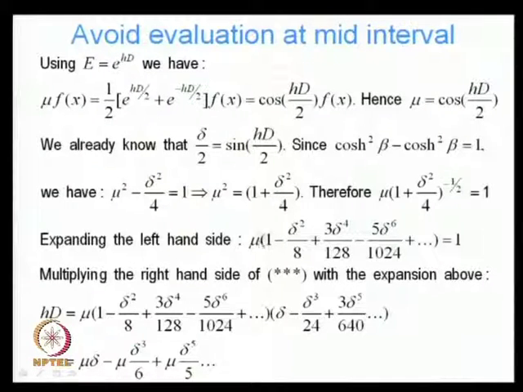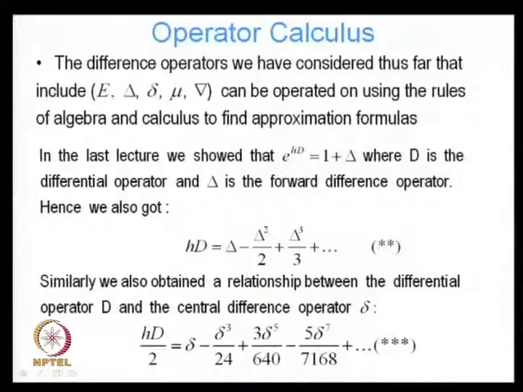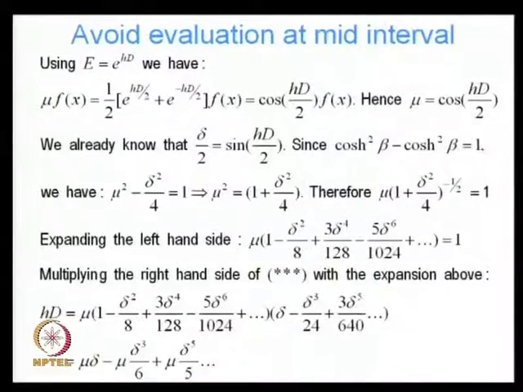So, that is mu times 1 minus delta square by 8 times that times delta minus delta cube by 24. So, I have a factor of 2 missing, right. But then I have adjusted that, so here it is just h d by 2, right. So, that gives me mu delta minus mu delta cube by 12 plus mu delta 5 by 30, and so on.